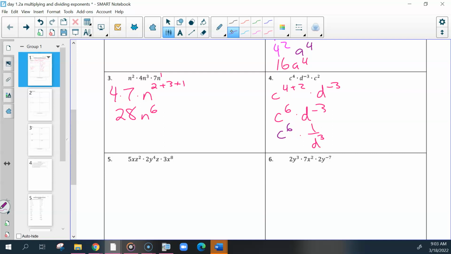What would that fraction be? C to the power of 6 over d to the power of 3. You know that there's nothing else to do because you don't have like bases or more like bases, and none of your exponents are 0 or negative. So there's nothing else to change.